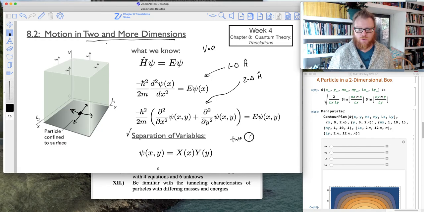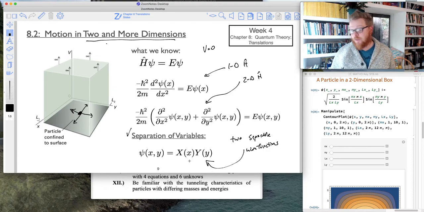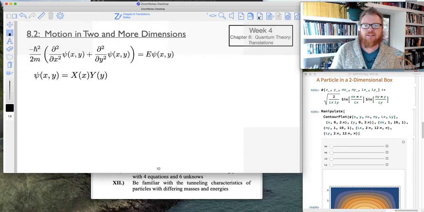So this function X(x) is a wave function that only describes ψ in the x dimension. And this function Y(y) is a wave function that only describes ψ in the y dimension. Okay? So let's set this up, all right?